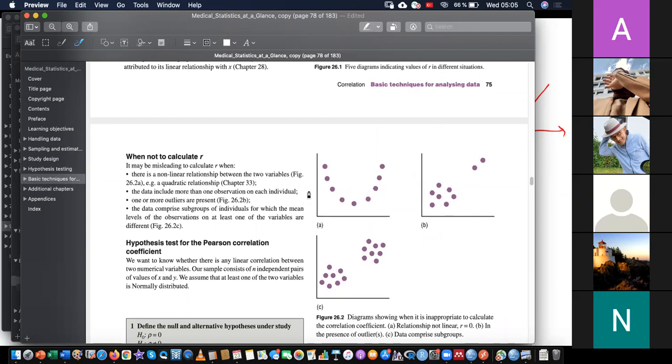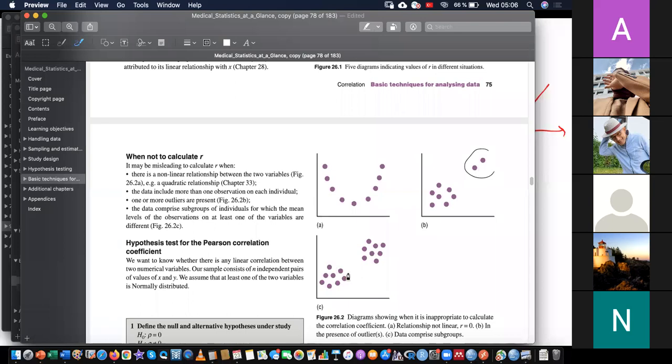There can be a relationship, but it is not linear. It is curved. It is exponential, as in this example. Or you have outliers.